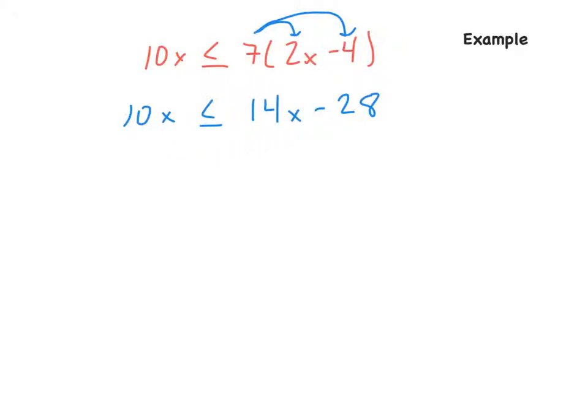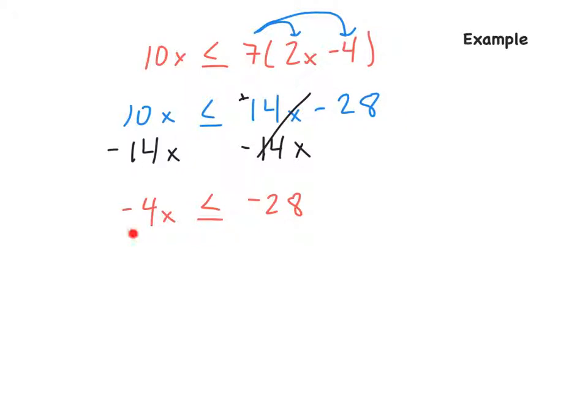So this is a positive 14x, so I'll subtract 14x from both sides. 14x is crossed out. So 10x minus 14x is a negative 4x. Just bring down the less than or equal to sign, and all that we have left is, remember, think of this as a negative sign, even though it's minus, negative 28.